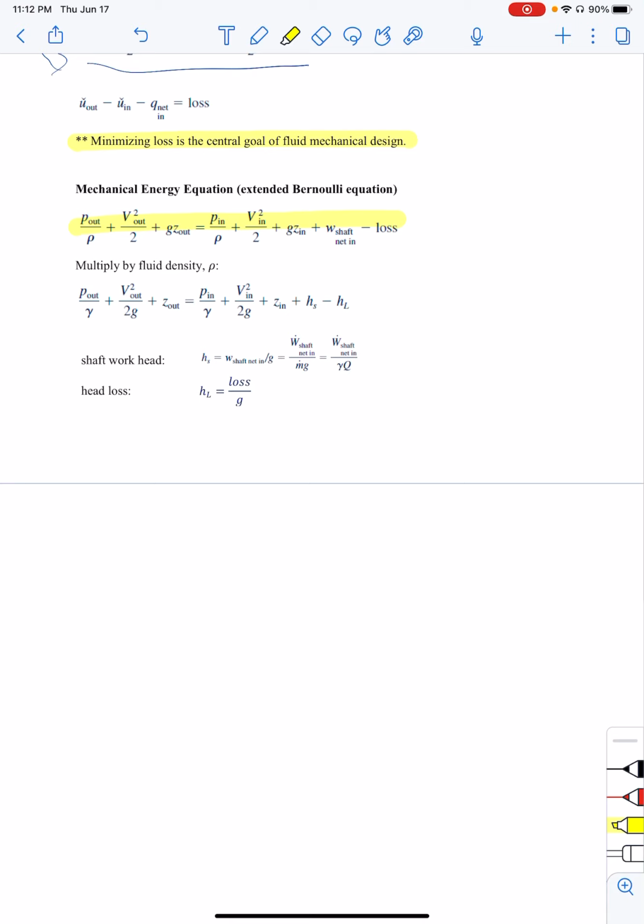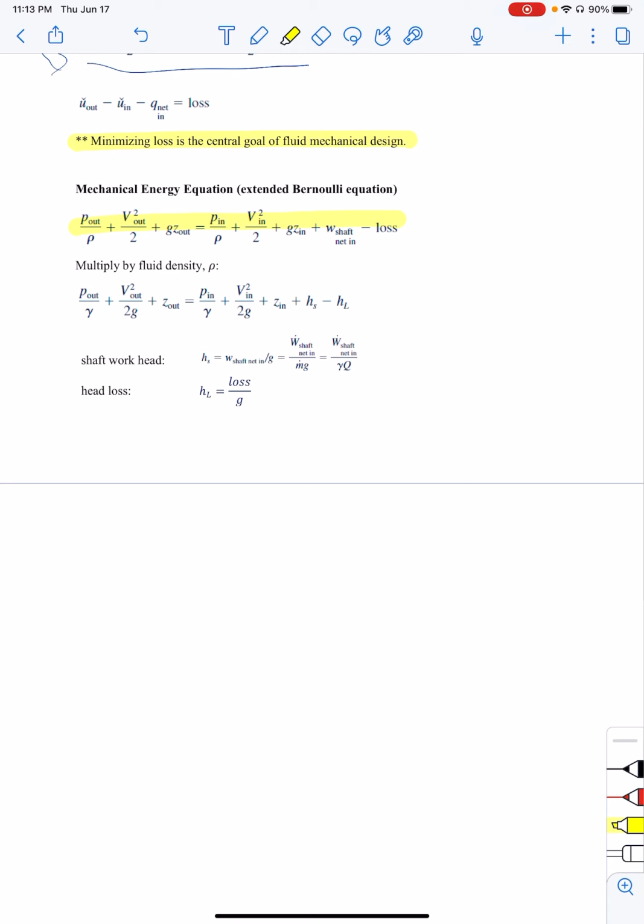An important group of fluid mechanics problems involve one-dimensional, incompressible, steady-in-the-mean flow with friction and shaft work. These are assumptions we made, but it's not that we idealize our problems; it can simplify how we solve them.